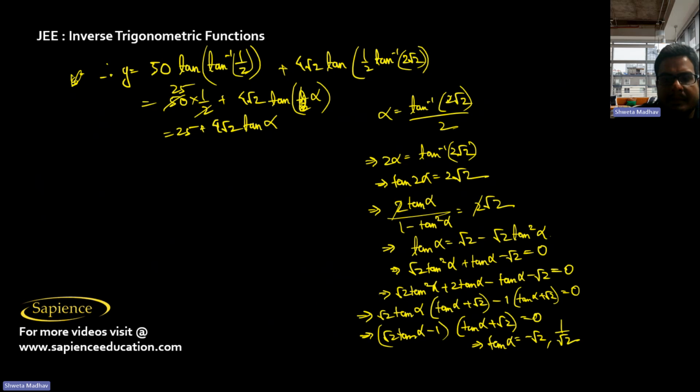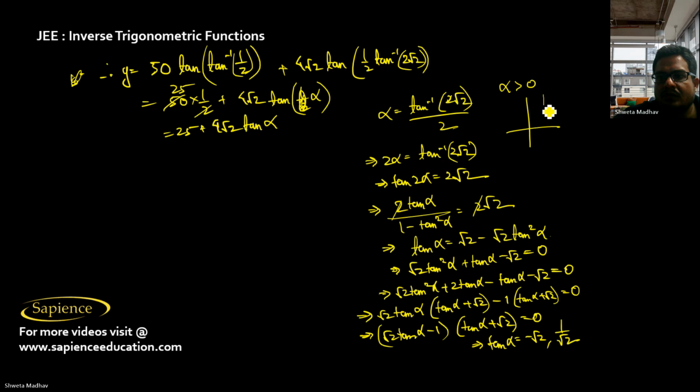But here tan alpha can't be negative. Alpha is half of tan inverse of 2 root 2, so alpha should be greater than 0, obviously. That's why tan 2 alpha is 2 root 2.